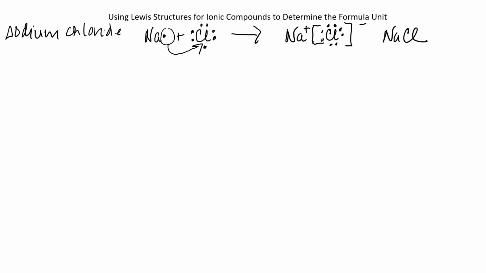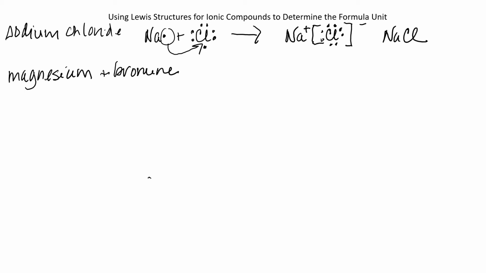So let's look at magnesium bromide, or maybe I should say the reaction of magnesium and bromine. So what is the formula of the ionic compound that forms when these two elements react with one another?